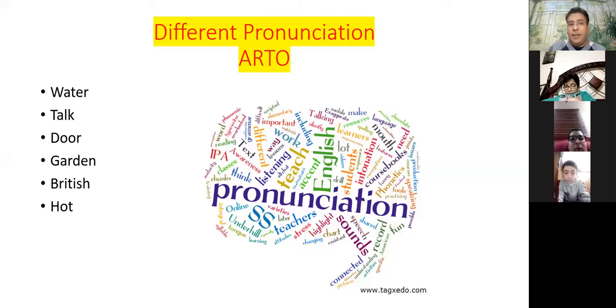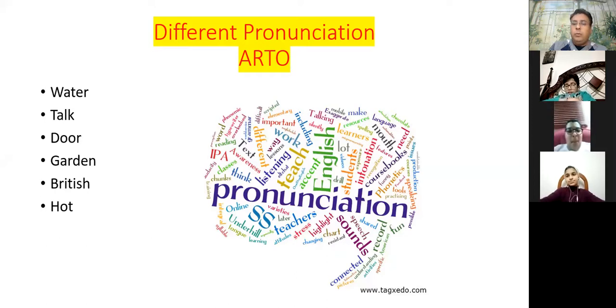We talked about how can I say talk in British and can I say talk in American. We say door without R in British, and we say door in American. Garden and garden.